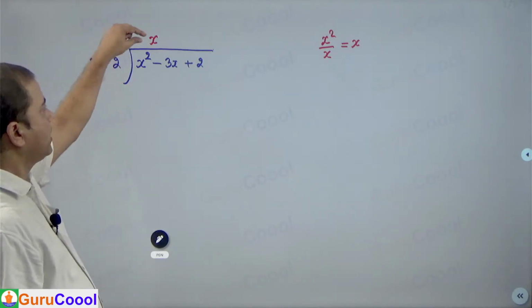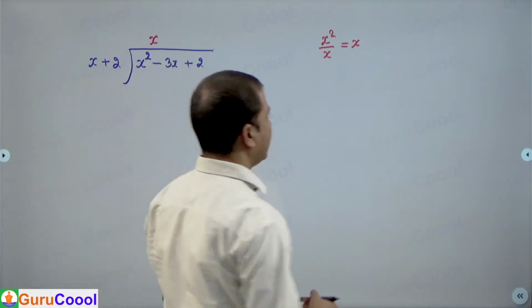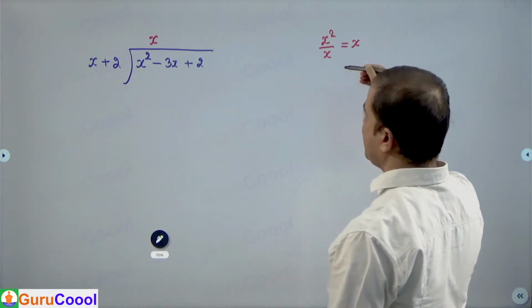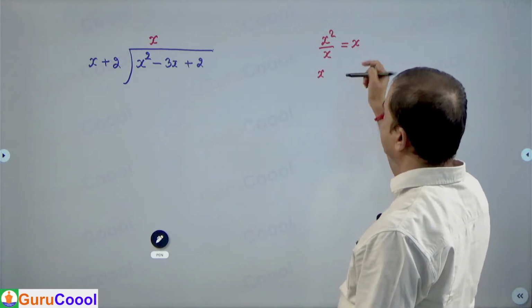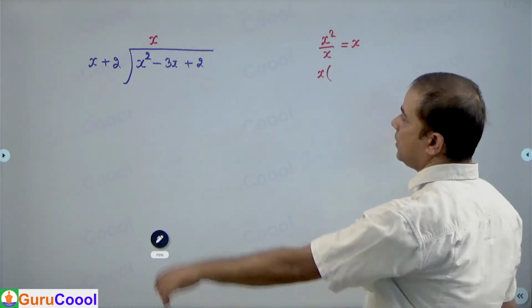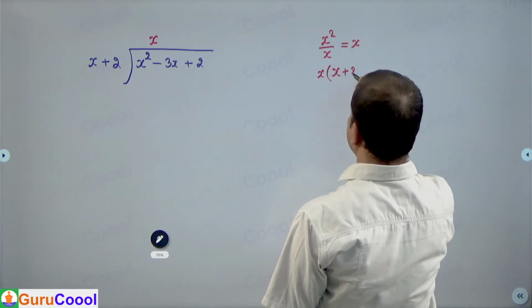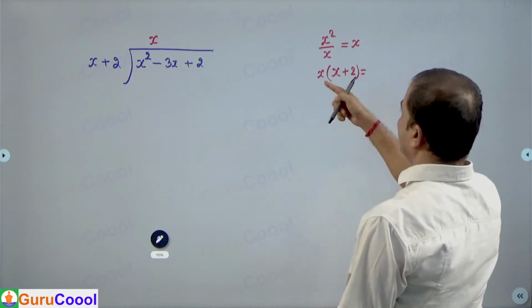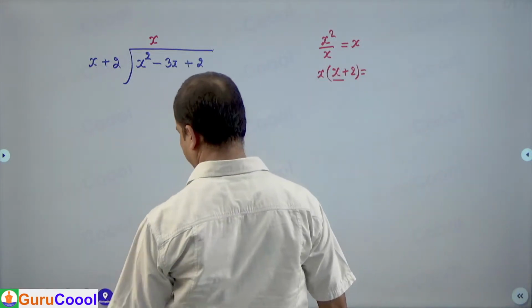So we have got the first term in the quotient. Okay, what is the next step? Next step is to multiply this x with the divisor, x plus 2. What is this? X square plus 2x.